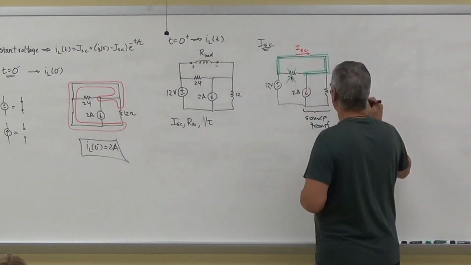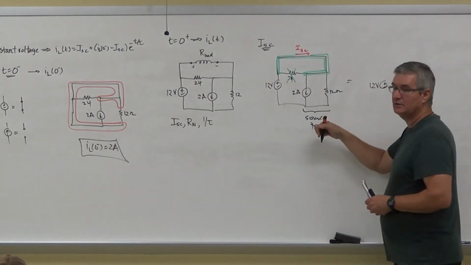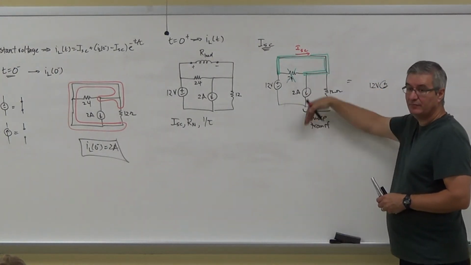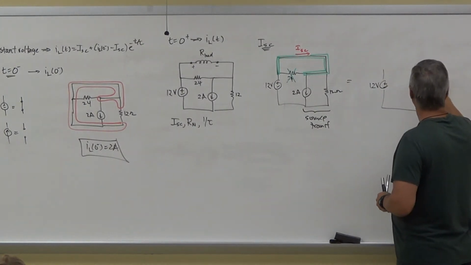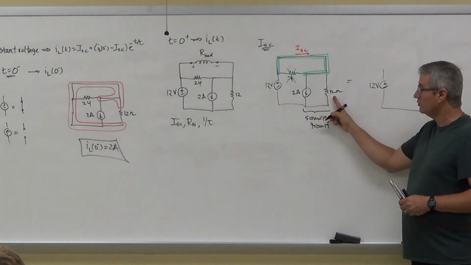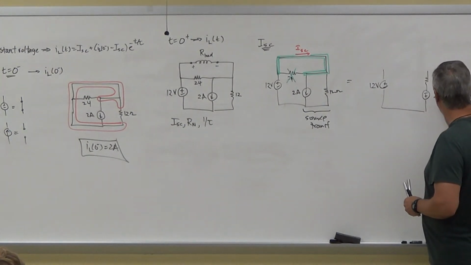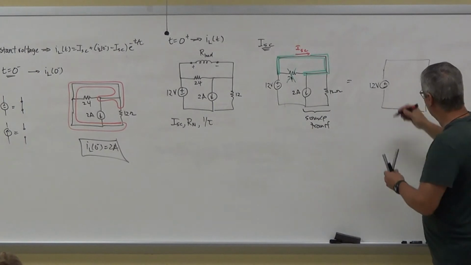So if I look at this guy here, I'm going to get 12 volts. Now look at the current. The current is going what? In this direction? So that means when I do the source transformation, I'm going to get 12, and then I'm going to get what? So I get 2 times 12 gives me 24, and then I got the 12, and then here's my short right here.